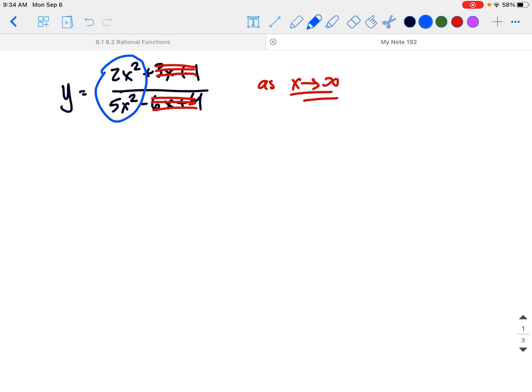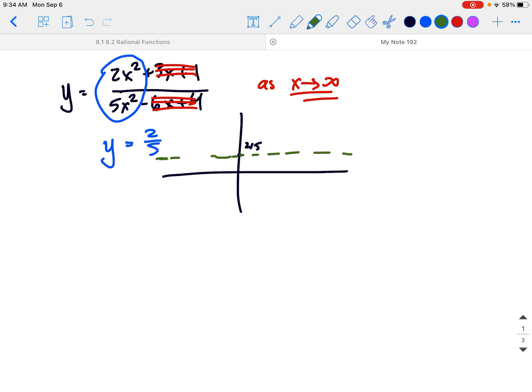And all we care about is this expression, which if we take the ratio, is going to be 2/5. So if I graph this function, no matter what the asymptotes look like, if I look at 2/5 on my y-axis, that's where my function will be above or below as we go towards infinity.